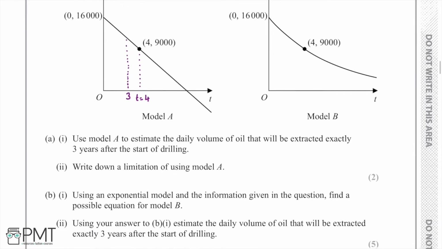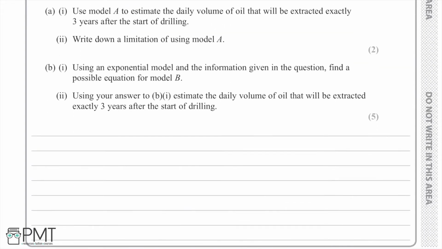So we know that we can work out the gradient as follows. The gradient is going to be equal to the change in y coordinates divided by the change in x coordinates. So we can work this out by doing 9,000 minus 16,000, and we divide this by the change in x coordinates, which is going to be 4 minus 0, which is 4.